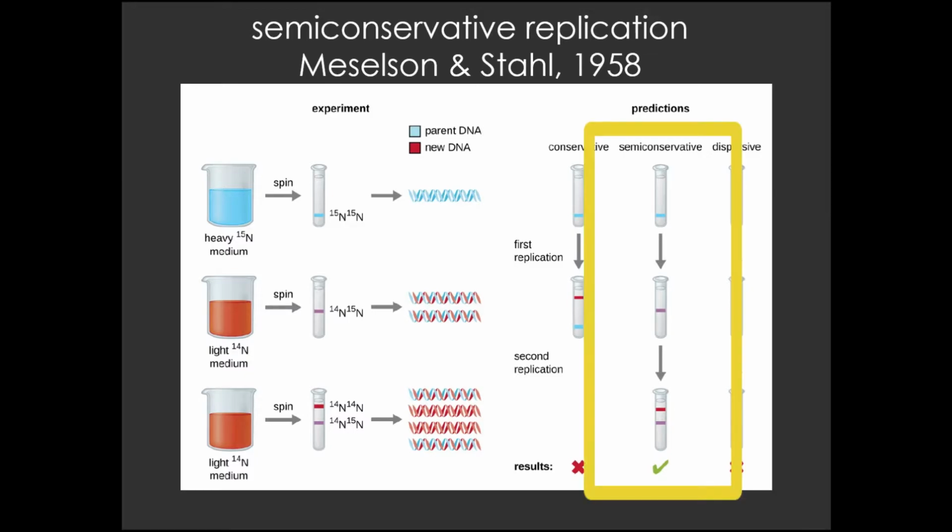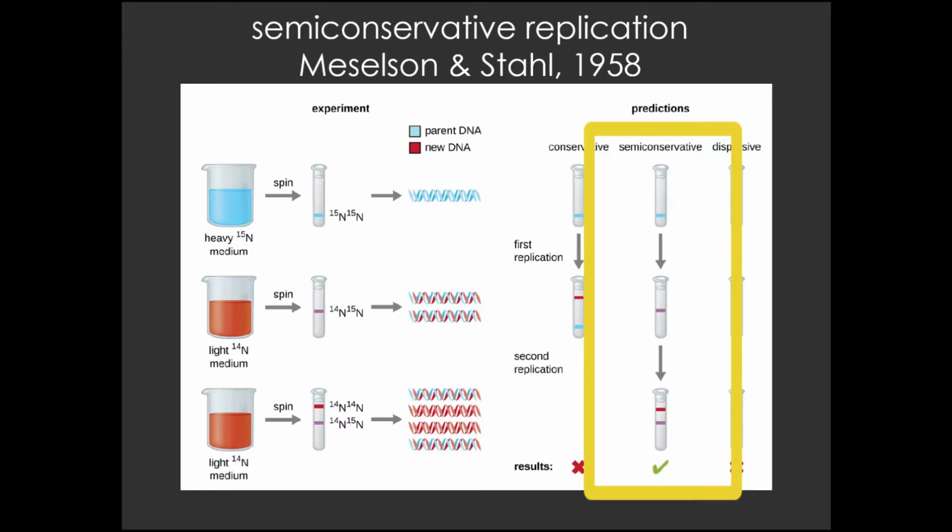If semi-conservative replication was correct, then the parental DNA would open up and combine with new DNA, so you wouldn't end up with heavy DNA or light DNA. You'd end up with a hybrid DNA molecule that existed in the middle.